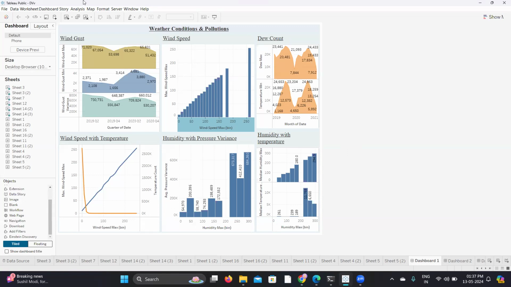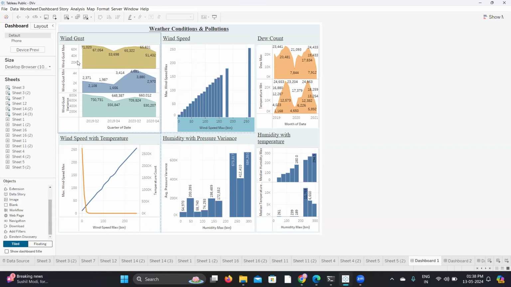So here we have weather conditions and pollutions. This wind gust graph depicts the maximum wind gust speed recorded each quarter. The x-axis represents the quarter of date from 2019 Q2 to 2020 Q4, and the y-axis shows the maximum wind gust speed in kilometers per hour.